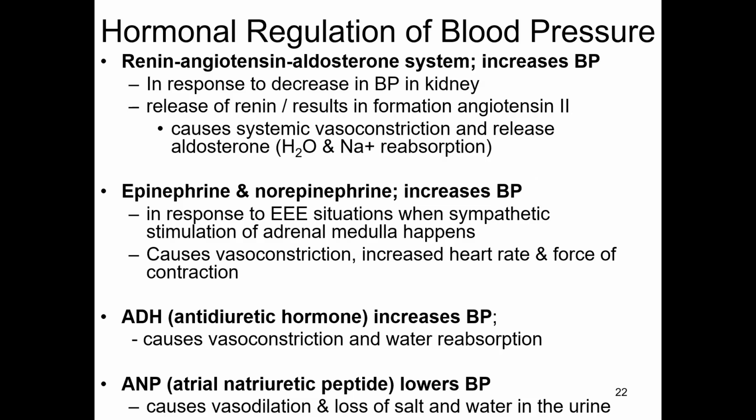So in addition to the action of our nervous system, the adrenal medulla will be secreting epinephrine, norepinephrine into the blood. And these two hormones will contribute increased heart rate and stroke volume, right? Cardiac output is increased.